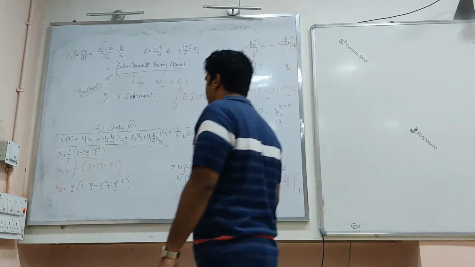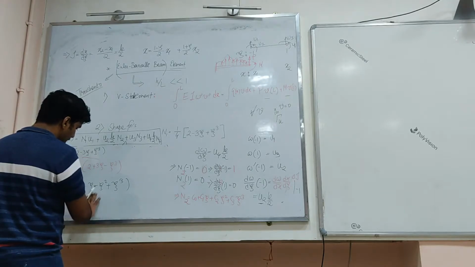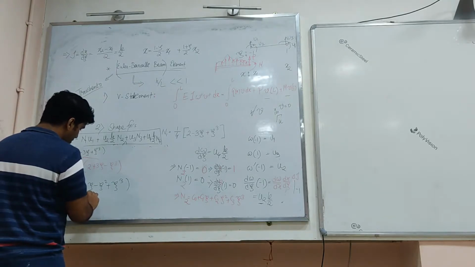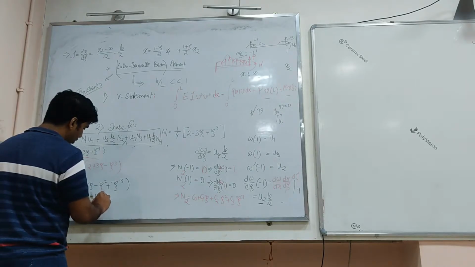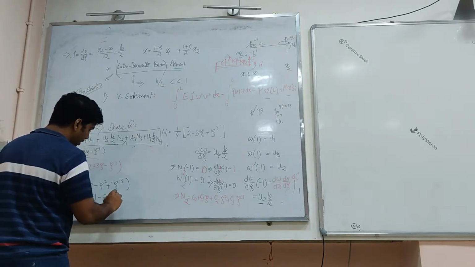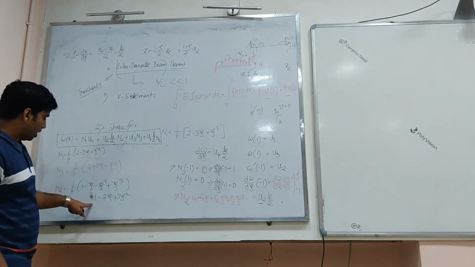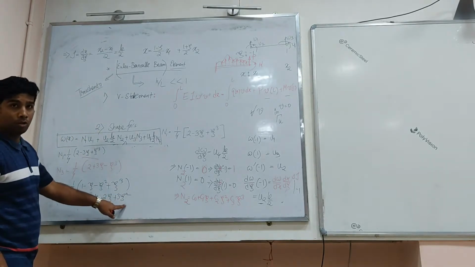Now what would be the derivative? Derivative should be minus 1 plus 2 xi, sorry, minus 2 xi plus 3 xi squared, and that should be equal to 0 at xi equals 1.